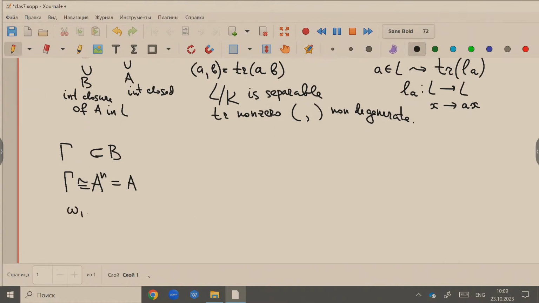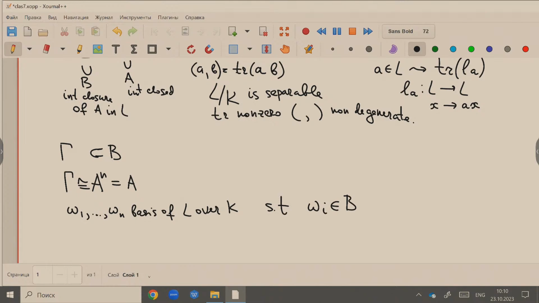So omega 1, ..., omega n was a basis of L over K. We had just taken a basis and multiplied these elements by some elements from A so that the omega i are contained in B. Yeah? So such that omega i are contained in B.